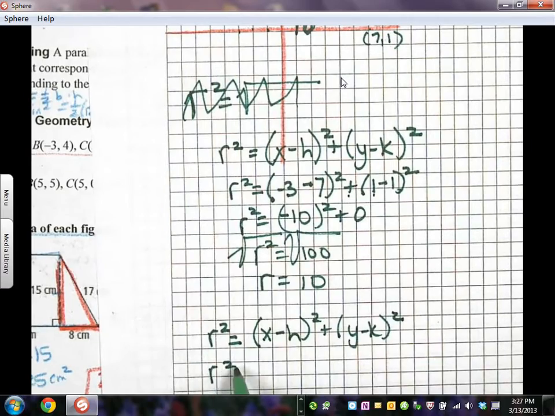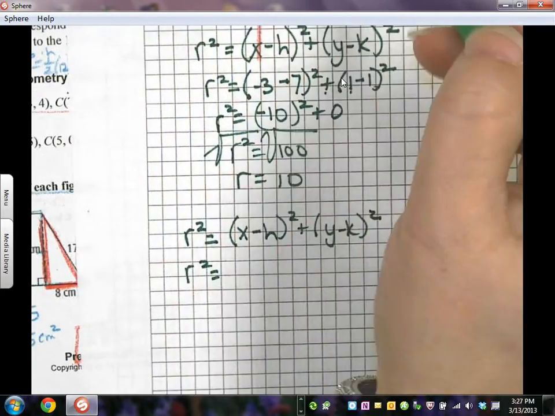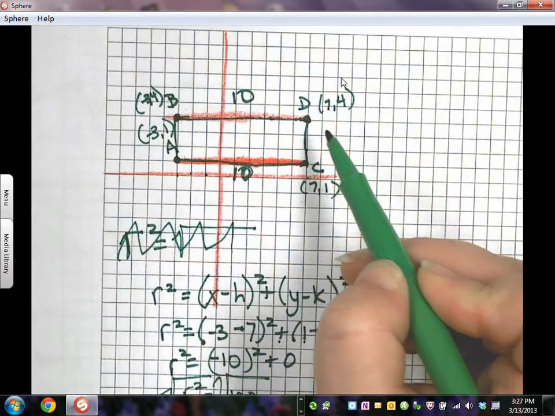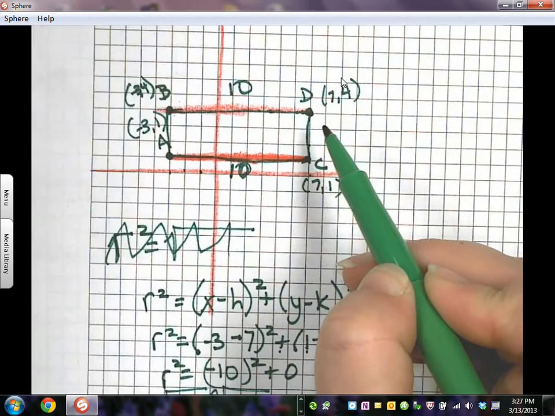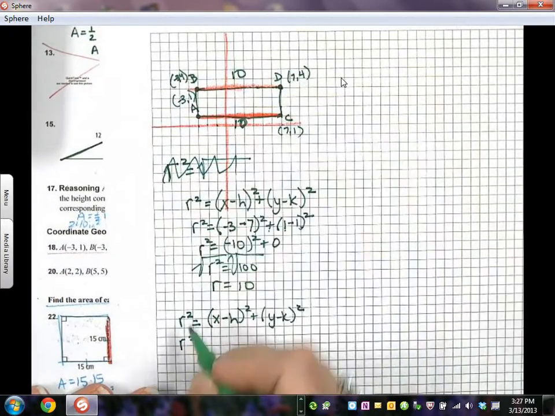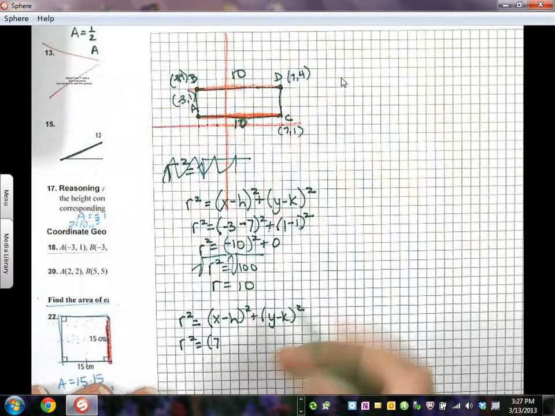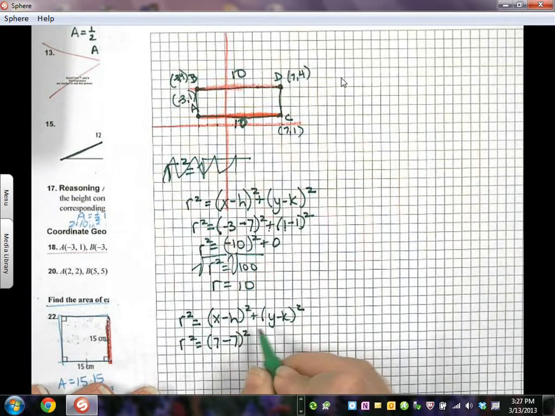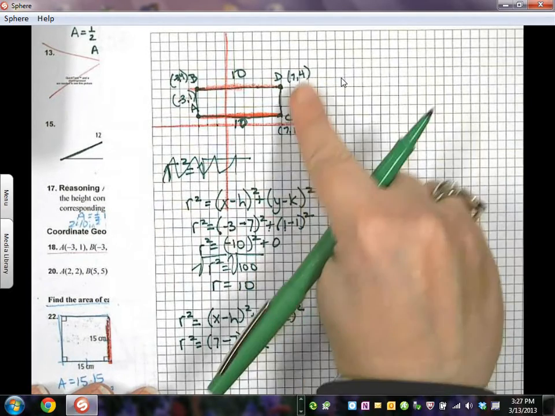So the r squared equals, I know this first point is 7. Let me zoom out a little tiny bit because it's hard to get this all on one screen. Okay, this is 7. That's my x. And then I'm going to go to the other x: 7 minus 7 squared. And then we go to our y.